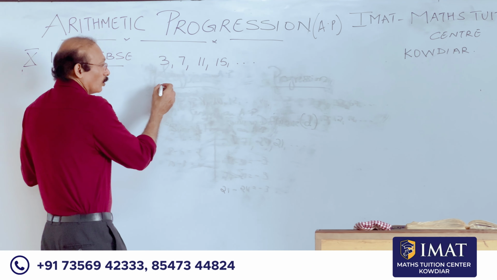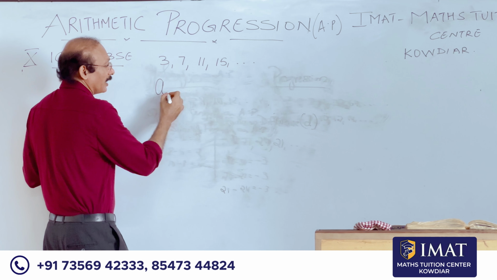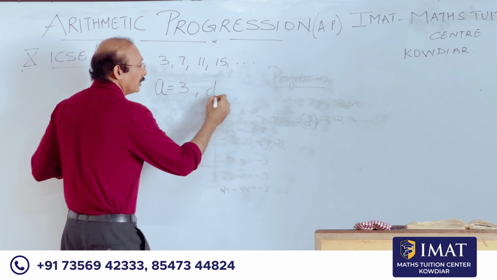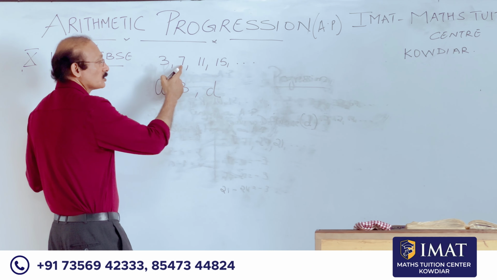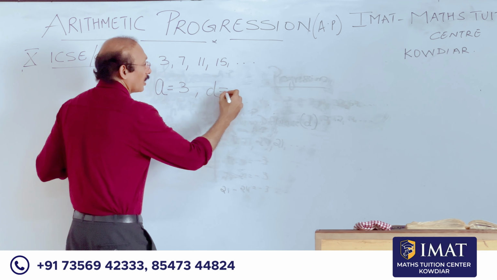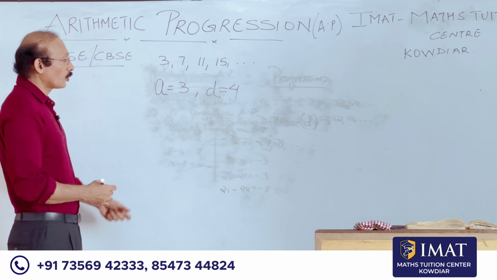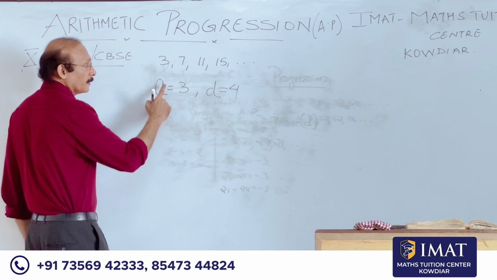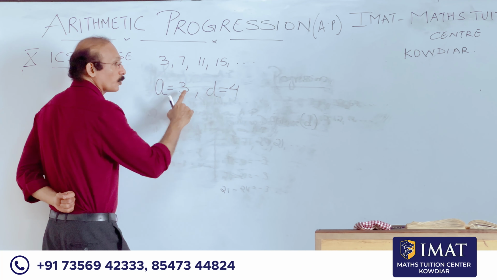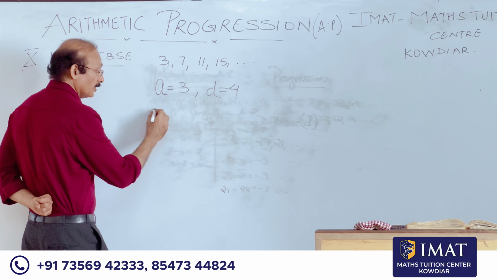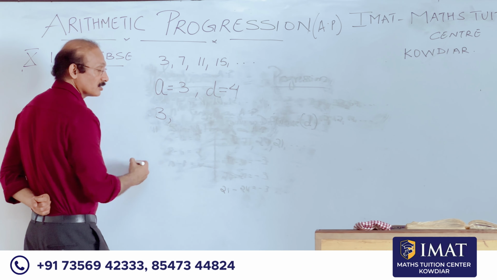Let me denote the first term by letter A, and here it is 3. And what about the common difference, D? The difference between these two terms is 4, right? See the terms of this progression. I can write every term of this progression in terms of 3 and 4. How? Let me write this. The first term is 3.